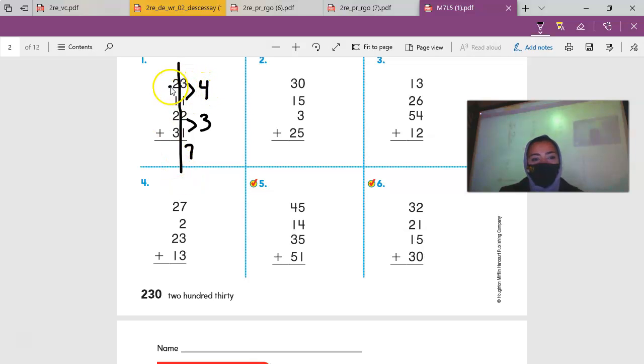Now 2 plus 1 is 3. And 3 plus 2 is 5. And 3 plus 5 is 8. What's your answer? 87.